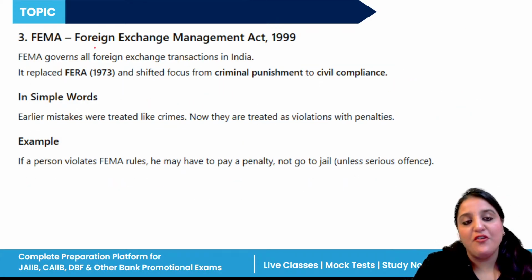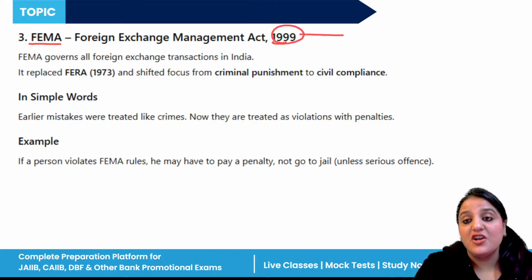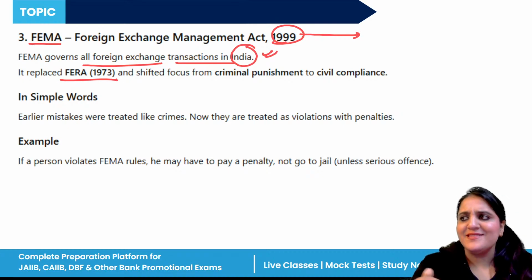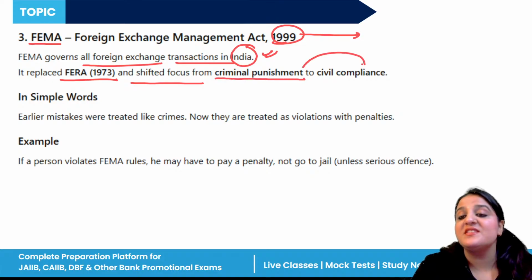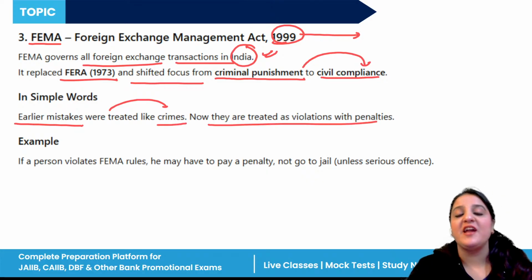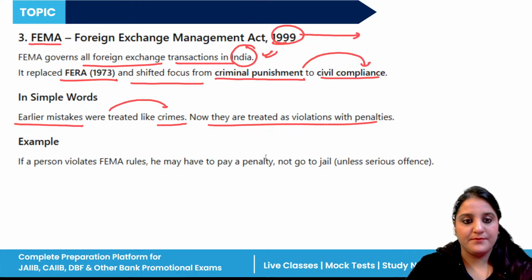FEMA. What is the meaning of FEMA? Foreign Exchange Management Act 1999, which provides guidelines for all foreign exchange transactions in India. It replaced FERA because FERA was complicated with strict regulation, and it shifted the focus from criminal punishment to civil compliance. Earlier, mistakes were treated like crimes. Now they are treated as violations, but with penalties, right?